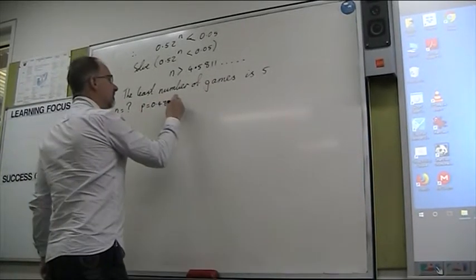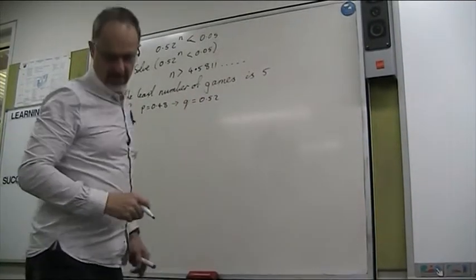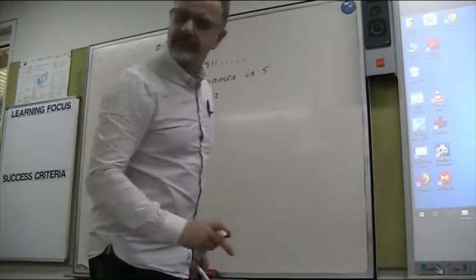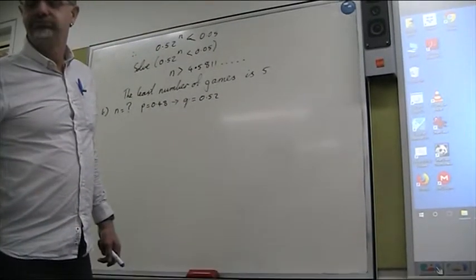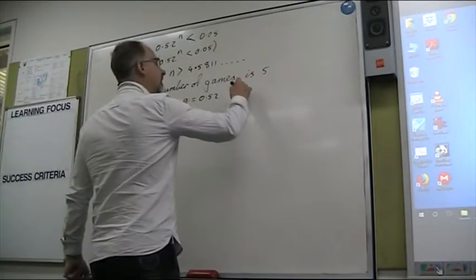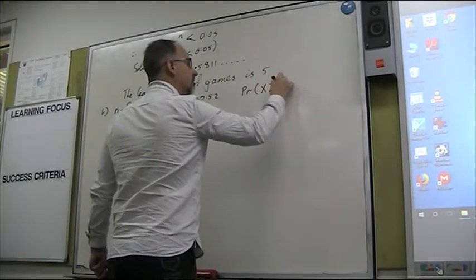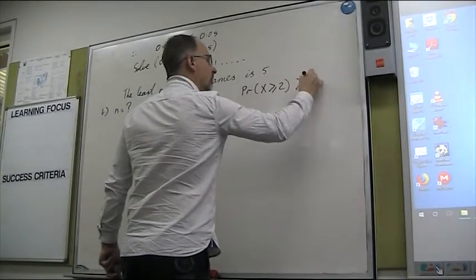So of course the probability of losing, which we've already used, is 0.52. What do we want? We want probability of winning at least twice. So the probability that x is greater than or equal to 2 to be more than 0.95.